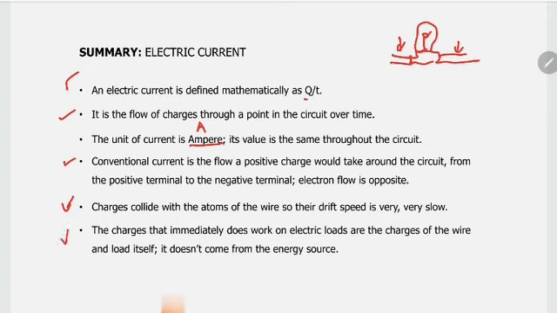And then the charges that immediately do work on the electric loads, or in our case, the light bulb, are the charges of the wire and the load itself. Okay, it's not being supplied by the battery. The only purpose of the battery is to provide the quote-unquote reason for the charge to flow, to provide the potential difference, okay, and to maintain that potential difference across the terminals.